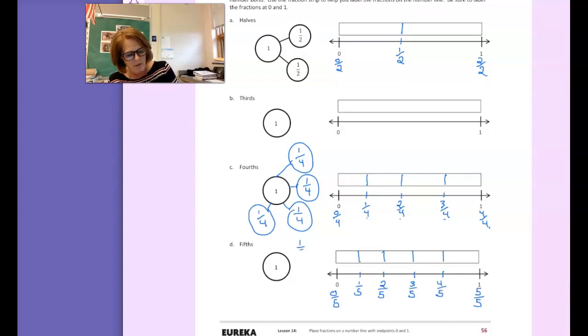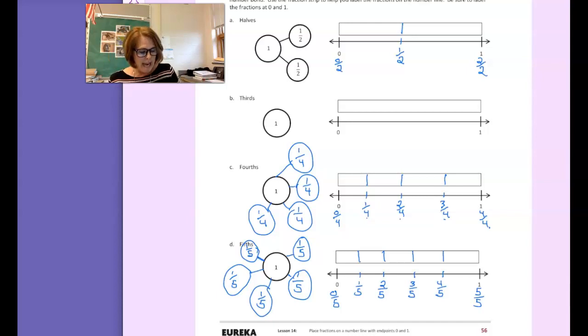So 1/5, 1/5, 1/5, 1/5, and 1/5. There we go.